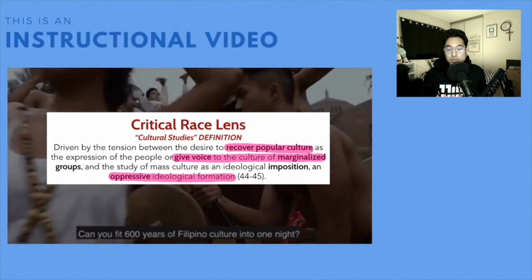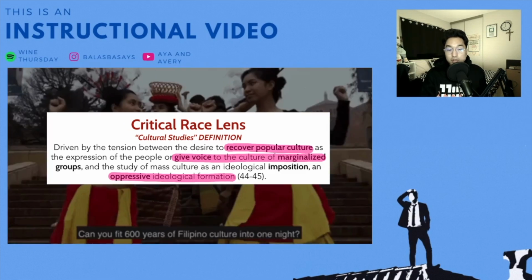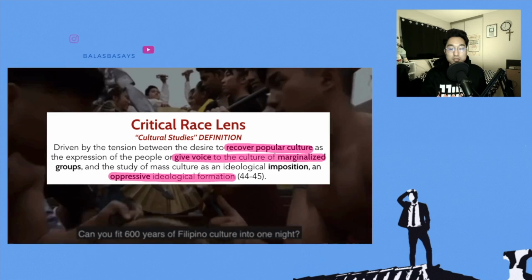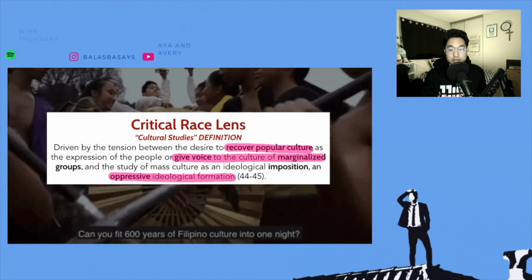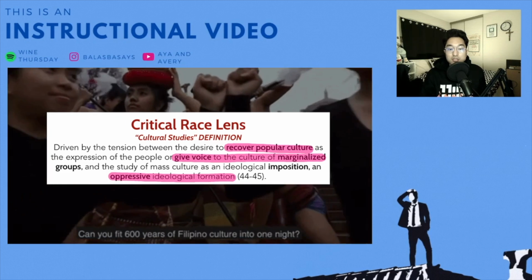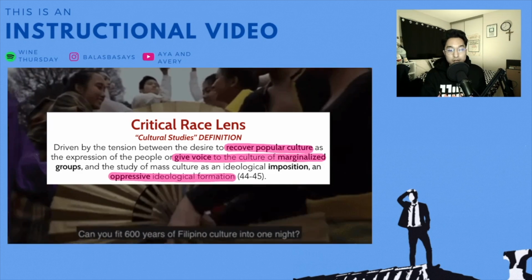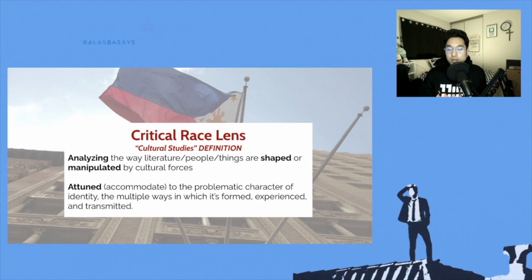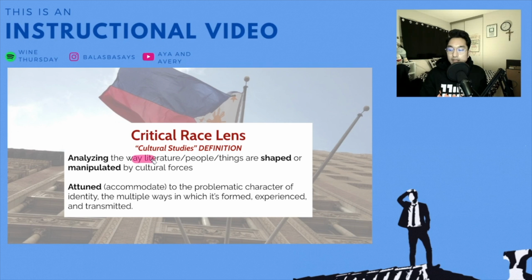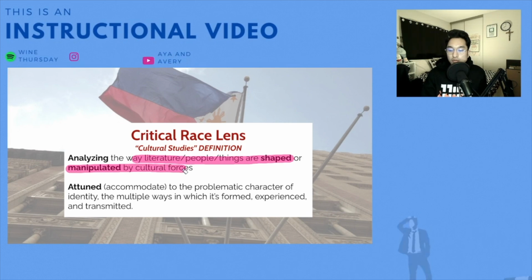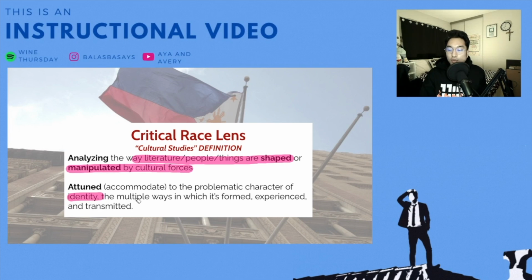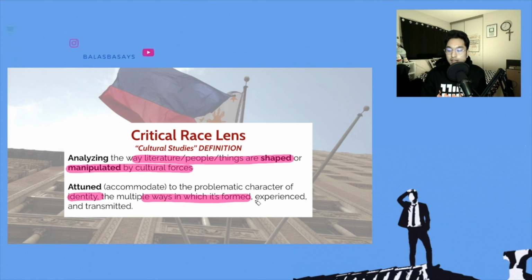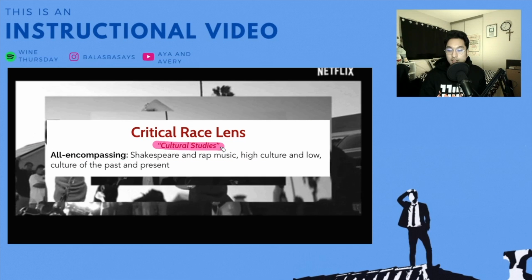By reading through this critical race lens, the goal is to give voice to the oppressed or marginalized groups and look at how the dominant culture, like the master and counter narrative, silences or suppresses certain stories, like the counter narratives. Basically, the critical race lens allows us to analyze the way literature, people, and things are shaped or manipulated by cultural forces, attuned to the problematic character of identity, the multiple ways in which it's formed, experienced, and transmitted.